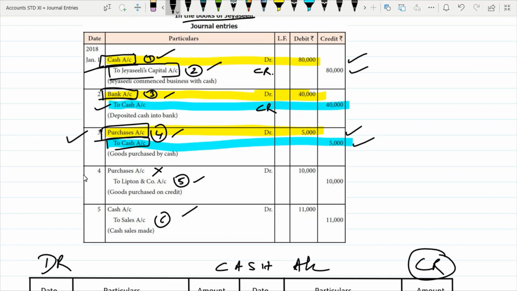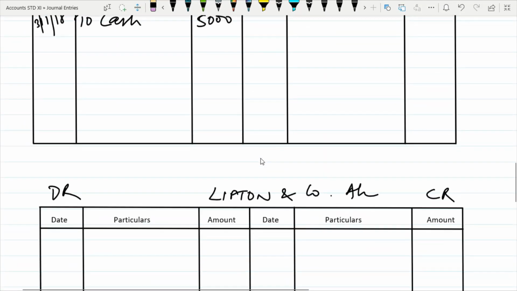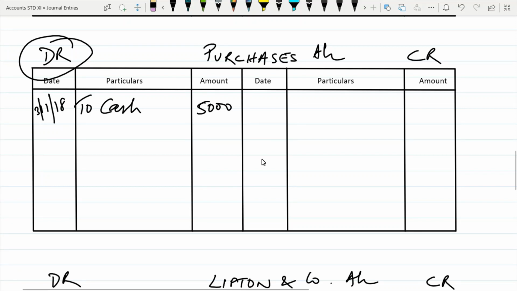Now moving to the fourth transaction. The fourth transaction, debit transaction. So look at the debit purchase account, debit 10,000. So it is debit by 10,000 on 4th. So yes, record it, go to purchases. So again, we are on the debit side. By how much it is? Amount is 10,000. So the date is 4th January 18.